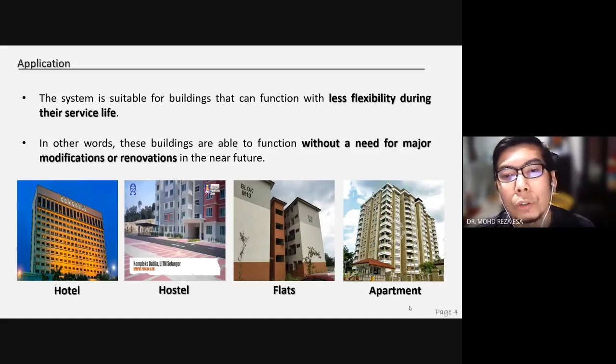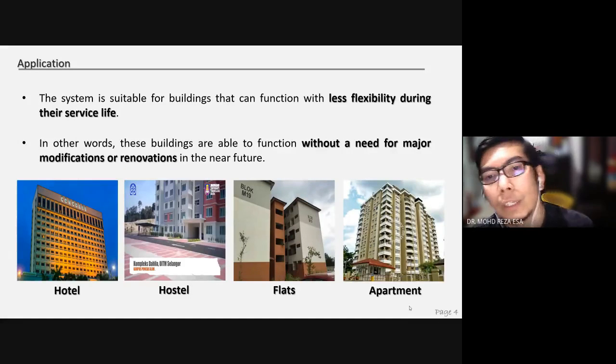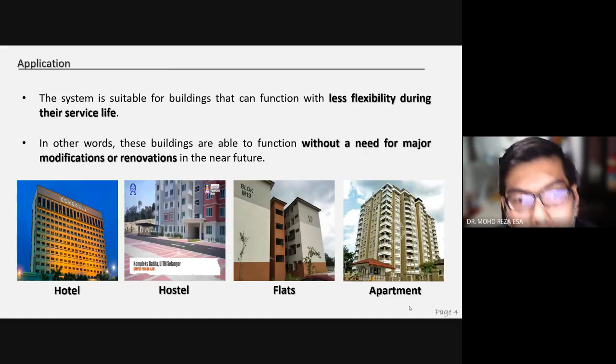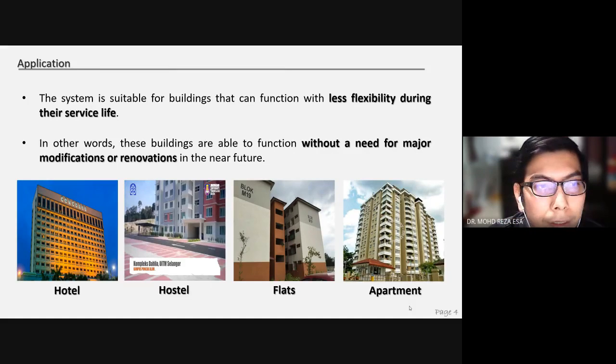So when you use a reusable formwork system, it is faster and easier for these types of projects: high-rise, hotels, hostels, flats, and apartments. That's why you can see a lot of application of reusable formwork system on these categories of buildings, more on high-rise projects.